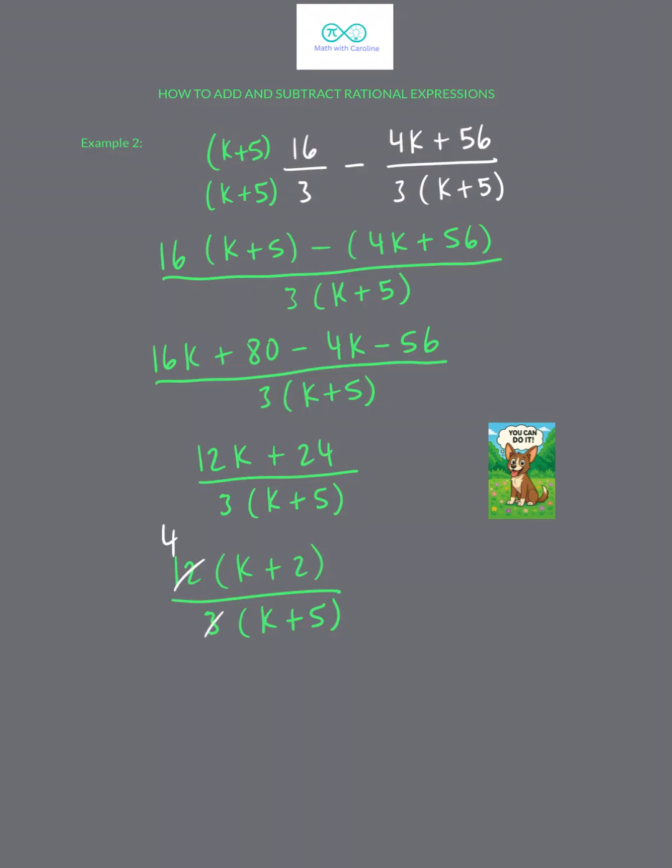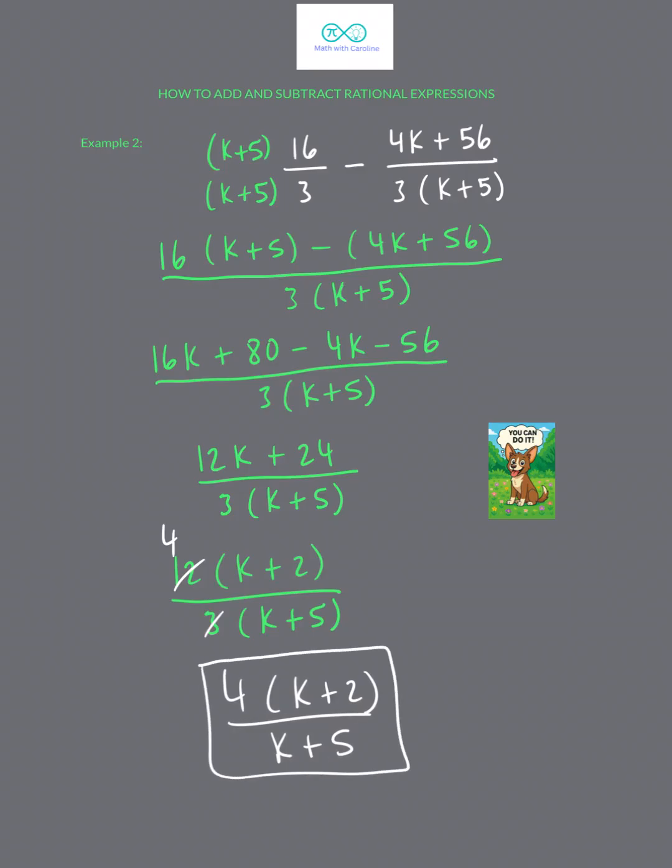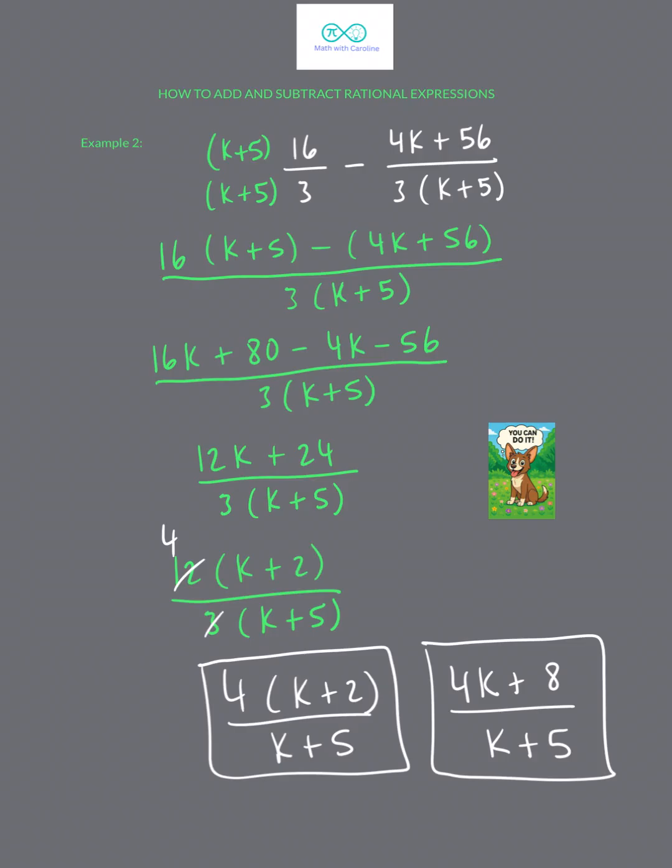And since these are not common factors, they will stay, and our final answer is 4 times k plus 2 over k plus 5. Now you can leave it in this factored form, or you could distribute your 4 and write it out this way.